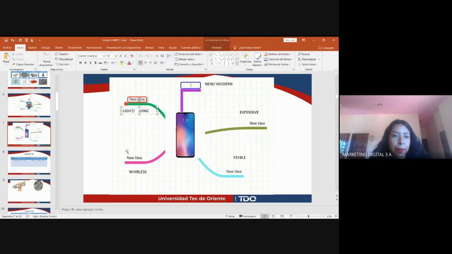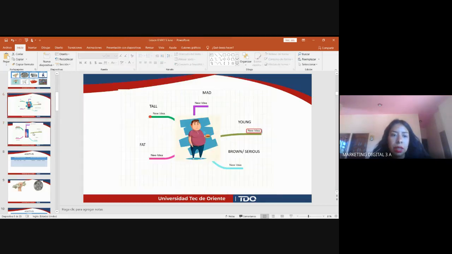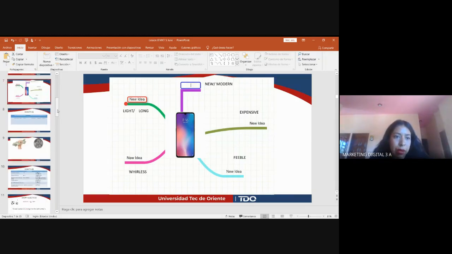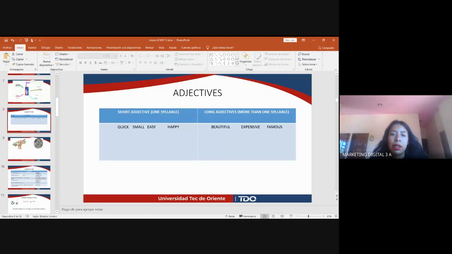So we have different adjectives to describe people and things. And we have here a table. So we are going to categorize these adjectives into short adjectives and long adjectives. Long adjectives have more than one syllable, and short adjectives have one syllable. And we have examples here.